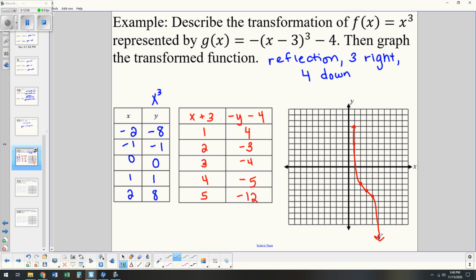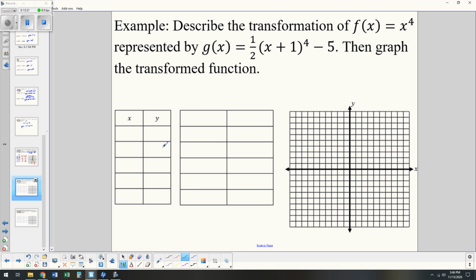Right, and that's what an x cubed graph kind of looks like, right? This is obviously the transformed one. Our original one would have gone like this, if you wanted to see the original. But this red one is our transformed one.